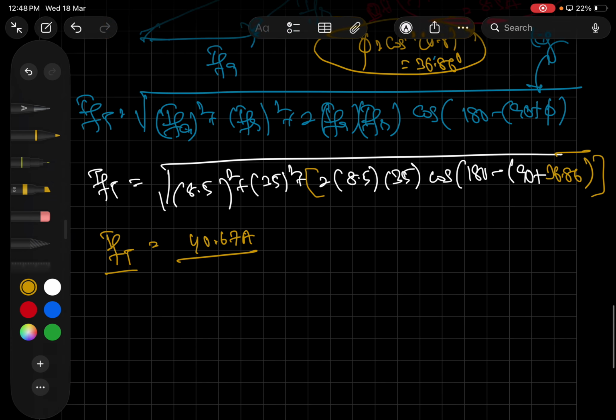Now what am I supposed to do here? I have to locate IFT on the x-axis.